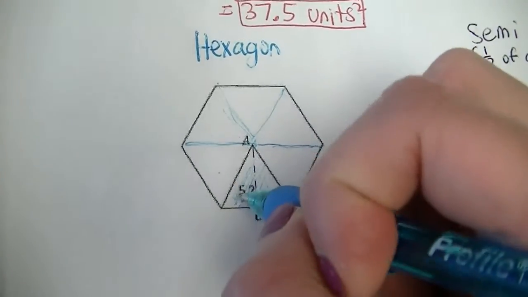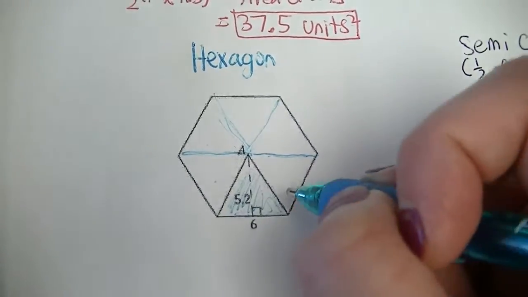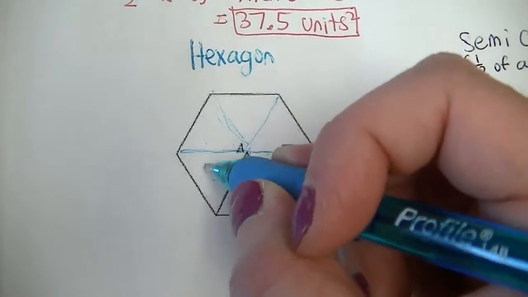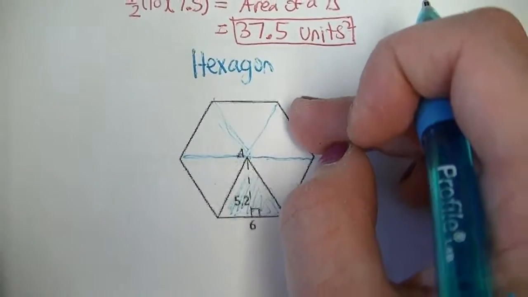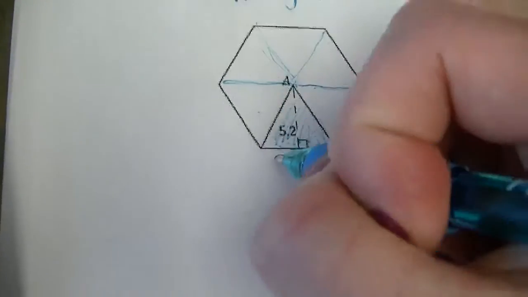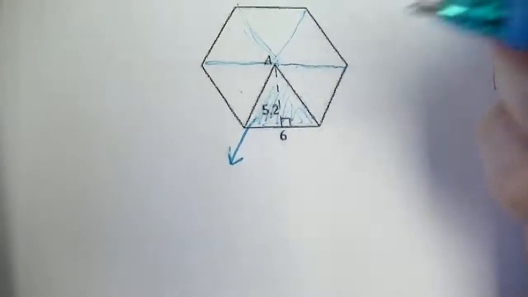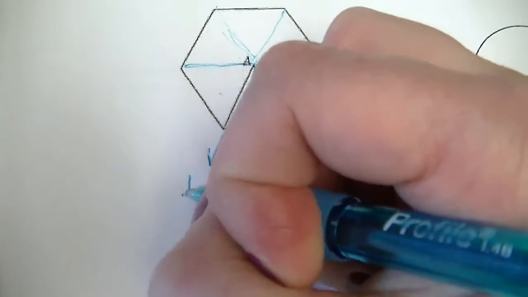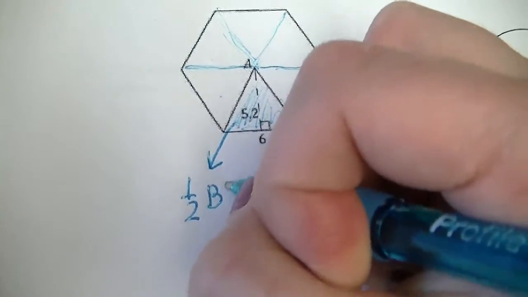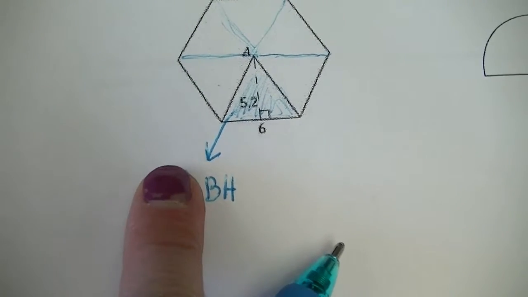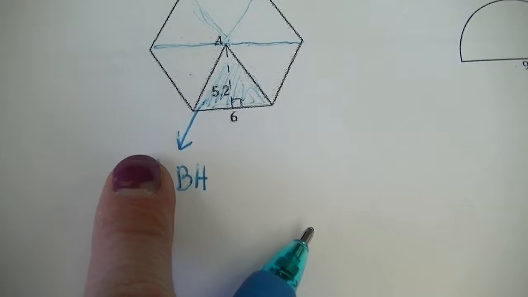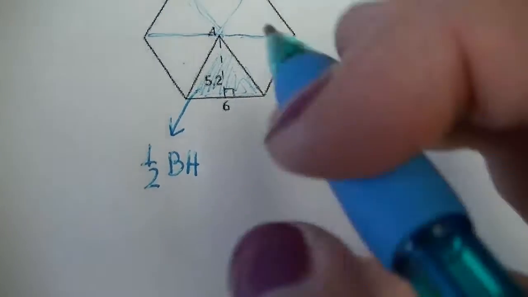We're going to assume that they're all congruent. So let's find the area of this triangle right here, and then from there I want you to think about what you would do to get the whole entire area of this hexagon. The area of any triangle is 1/2 times the base times the height, or you can go base times height divided by 2, because dividing by 2 is the same as multiplying by 1/2.